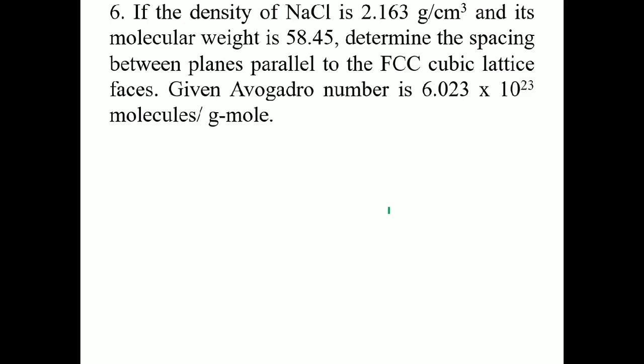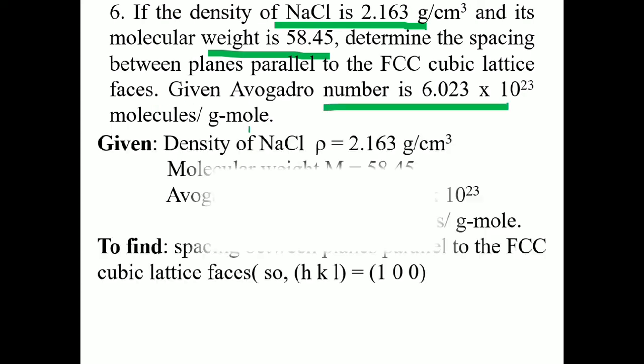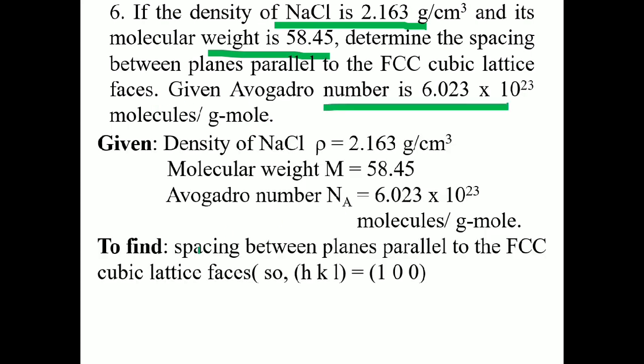And if the density of NaCl is 2.6163 gram per centimeter cube, molecular weight 58.45, determine the spacing between the planes parallel to the FCC cubic lattice faces. Avogadro number is given. We have to calculate the spacing between the planes parallel to FCC cubic lattice faces.